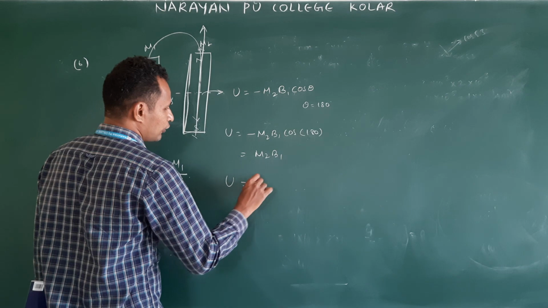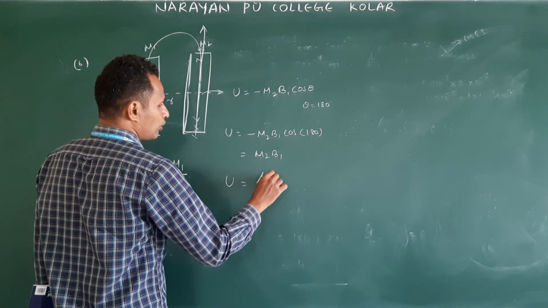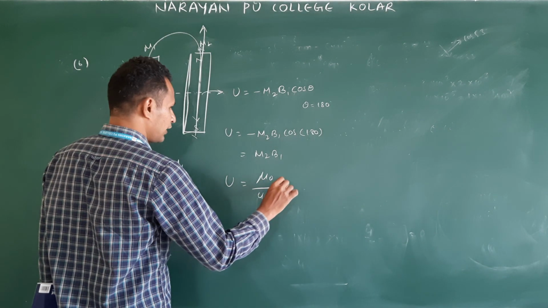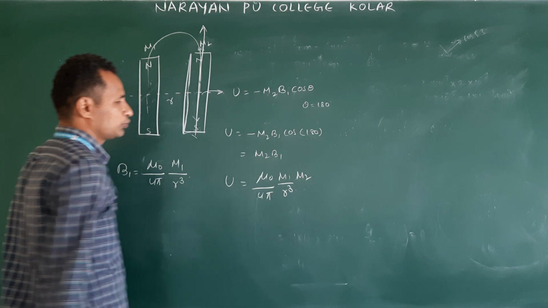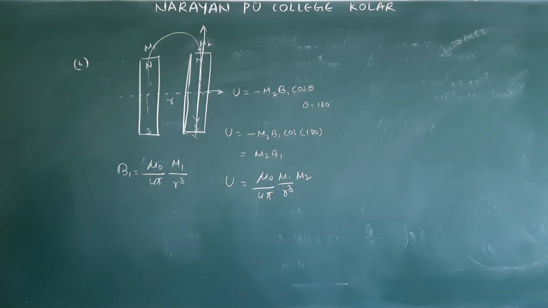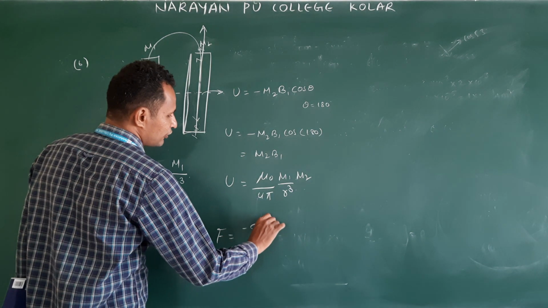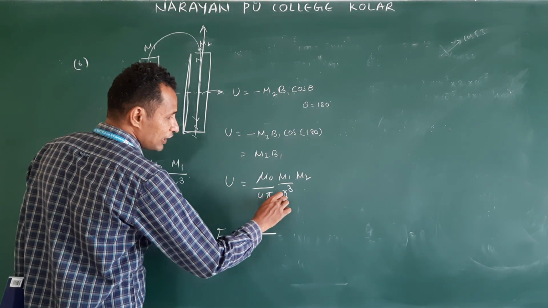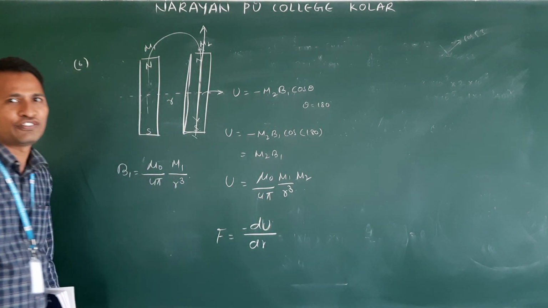M1. Then U is equal to, substituting B1 value here, mu naught by 4 pi, M1 by r cube into M2. That's all. If they ask force, what do we do? F is equal to minus dU with respect to distance, dr. You do it, you will get the force.